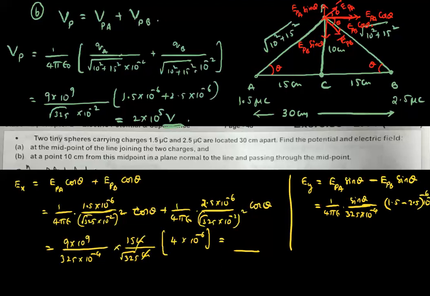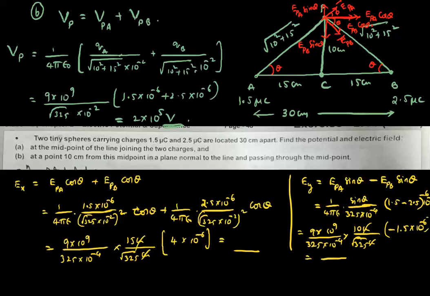Then we'll get 9 into 10 power 9 divided by 325 into 10 power minus 4. Sin theta is opposite side, that is 10 centimeter by root of 325 centimeter. Centimeter cancel. This is minus 1.5 into 10 power minus 6. On simplification, you'll find the Ey value.